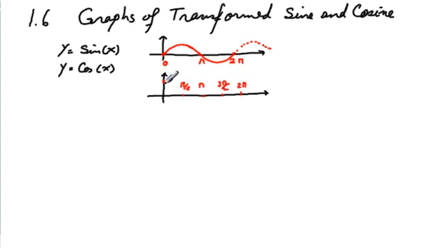So the graph comes from this maximum, passes through this intercept, at pi becomes minus 1, at 3 pi over 2 is 0 again, at 2 pi becomes 1 again. So that was sine, and that was the graph of cosine.